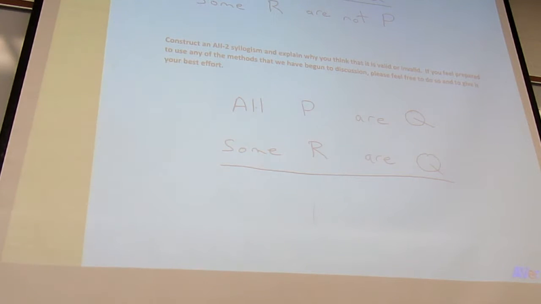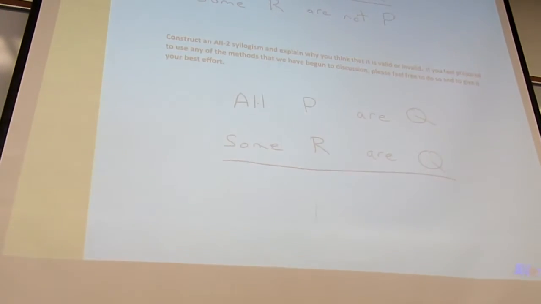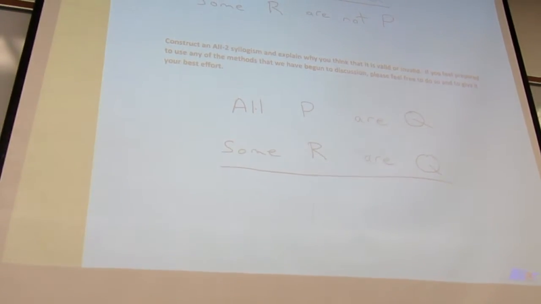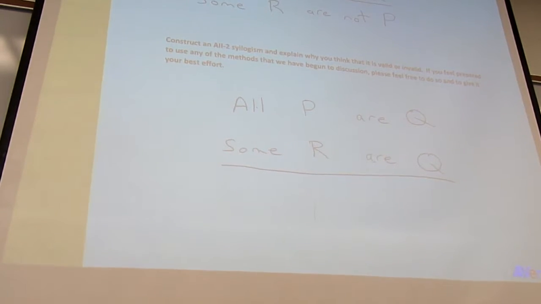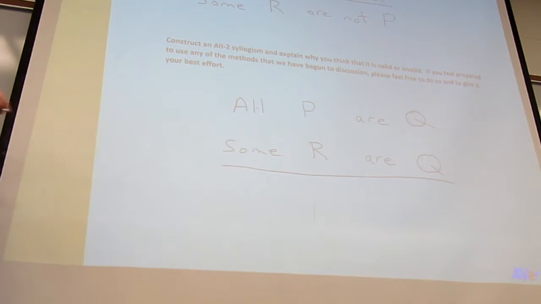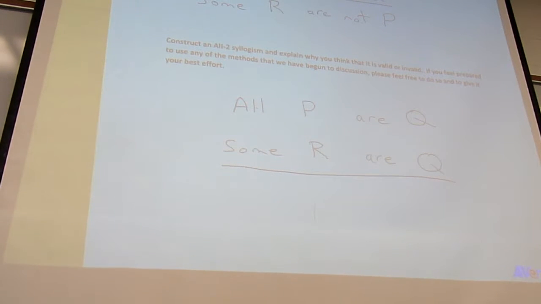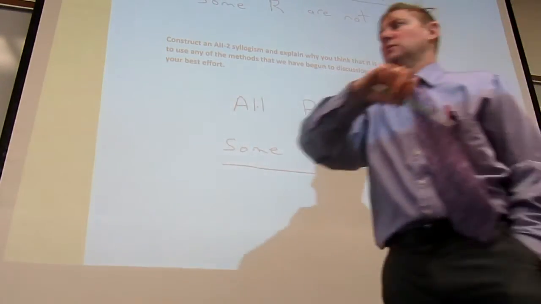And the reason why I know that it's some R or Q is because I statements always take the form some P, R, or some P or Q, some R, Q, whatever, because I statements are particular affirmatives. A statements are universal affirmatives.